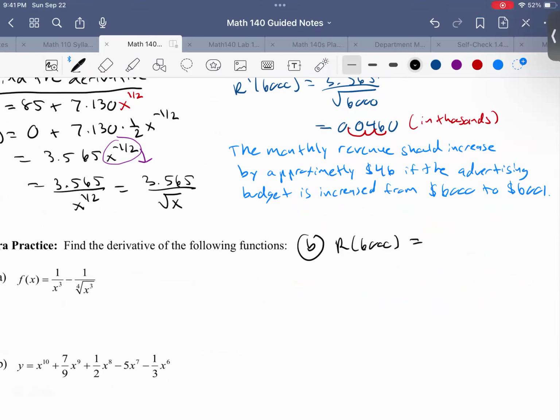So this would be 85 plus 7.130 times the square root of 6,000.